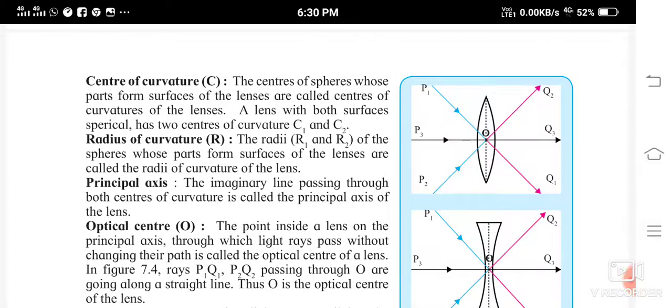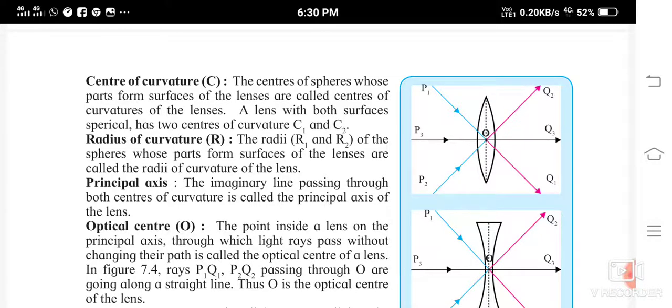Then radius of curvature. So what is this radius of curvature? The radii R1 and R2 of the spheres whose parts form surfaces of the lens are called the radii of curvature of the lens. So, because there are two centers of curvature, because it is having two spherical surfaces, right?